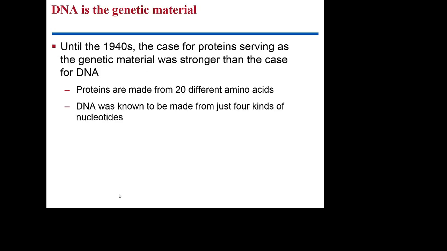When we look at DNA as a genetic material, we think about DNA as a building block or an instruction book for coding proteins. We've talked about this before when we talked about macromolecules, but originally we thought that proteins were the instruction book and that DNA, we had no idea what it did.